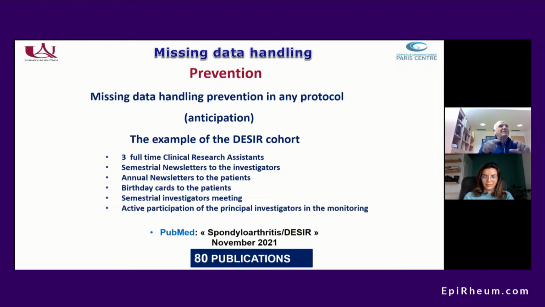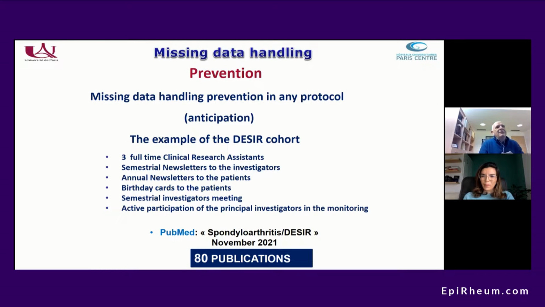And as soon as this person understands what it means, he will write another subsection, missing data prevention. So how, in this particular study, do you anticipate that you will prevent missing data? And sometimes it's difficult because that's not methodology, that's a daily practice in clinical research.